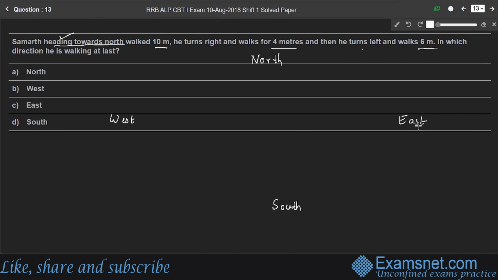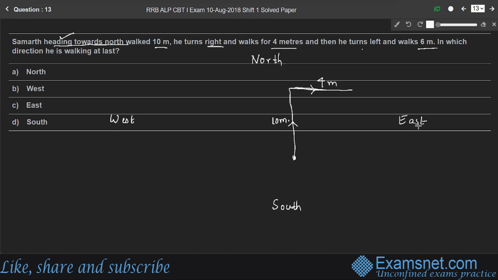Samarth, heading towards north, walked 10 meters. We'll consider his position somewhere here. Heading towards north means towards this direction, and he walked 10 meters towards north. He turns right. To his right means towards east, and he walks for 4 meters.